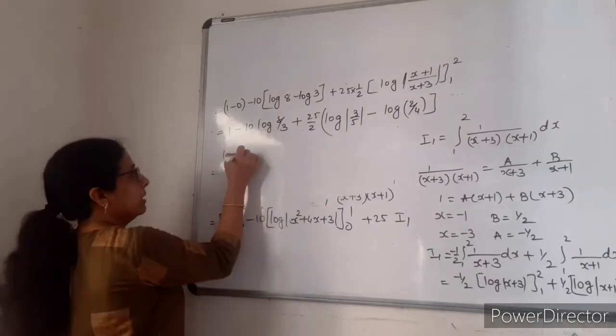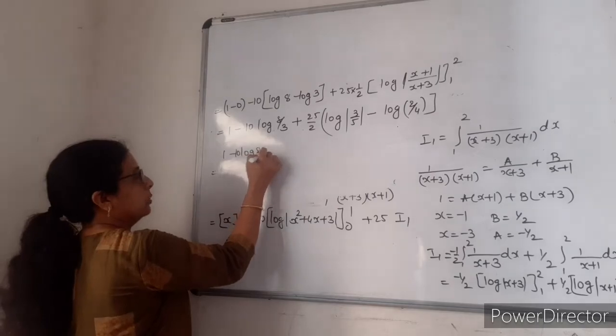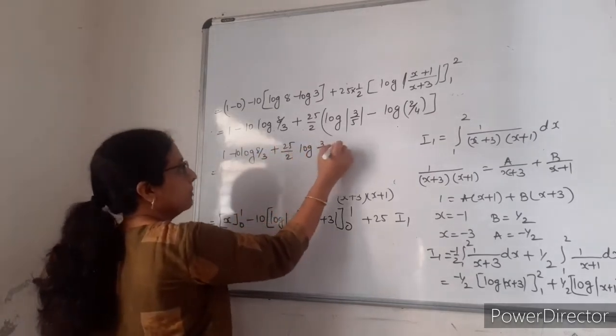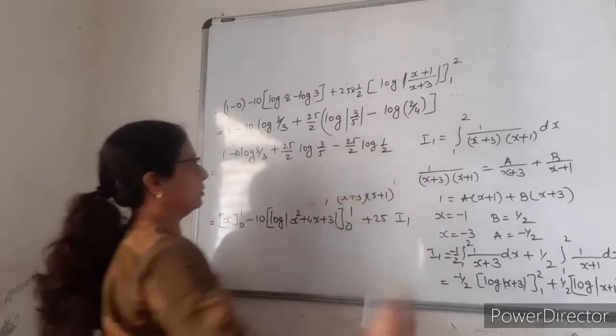So 1 minus 10 log 8 by 3, 25 by 2 log mod 3 by 5, minus 25 by 2 log mod 1 by 2.